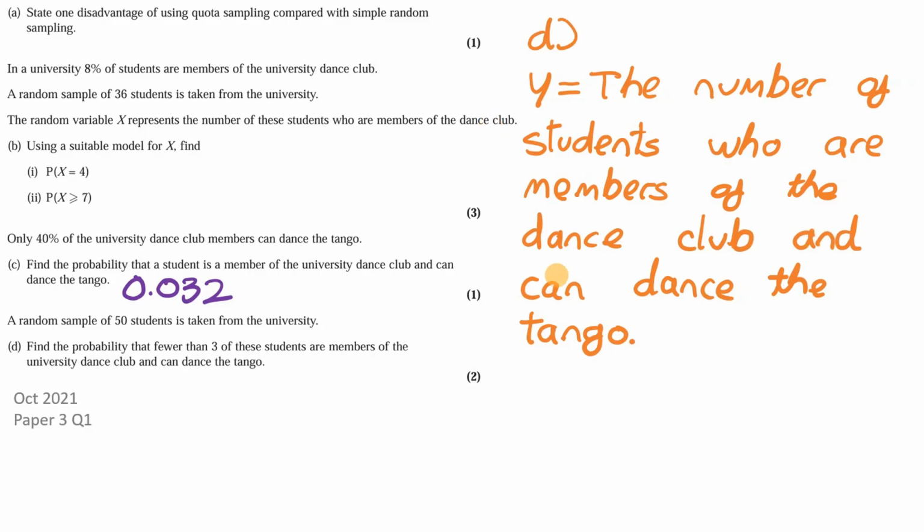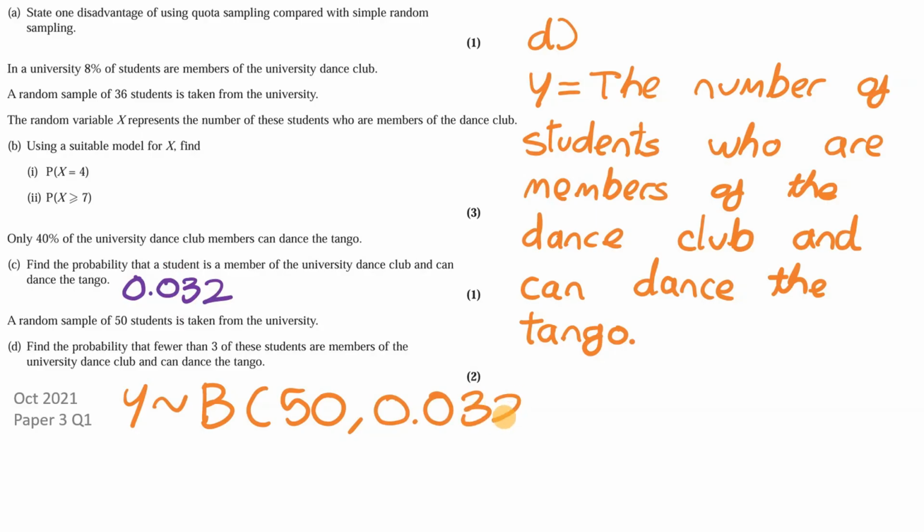Okay, so it's this part added on as well, because this is what we're looking for, the probability that fewer than 3 of these students are members of the university dance club and can dance a tango. So y can be represented by a binomial distribution where n is 50, since we've taken a random sample of 50 students, and the probability that they are a member of the university dance club and can dance a tango is what we figured out in part C, 0.032.